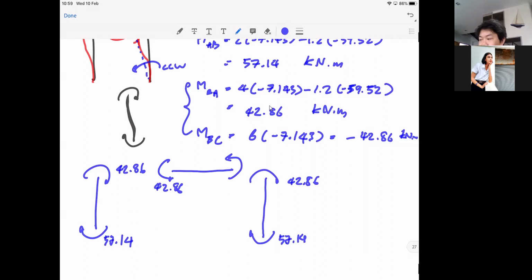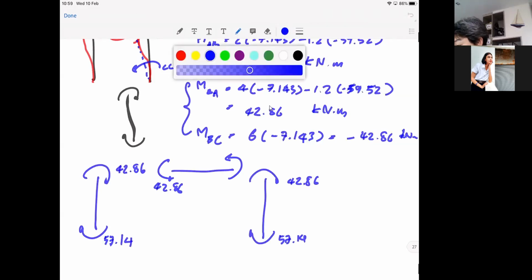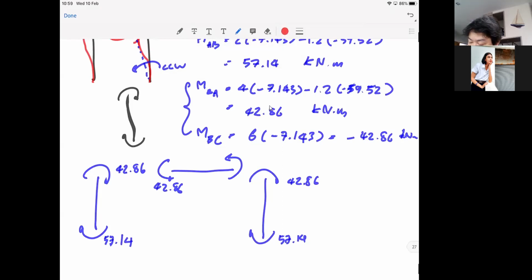Notice how your bending moment diagram should look, ladies and gentlemen. Compression on this side, so your bending moment diagram for this column should look like this. Okay, and for the beam, that.